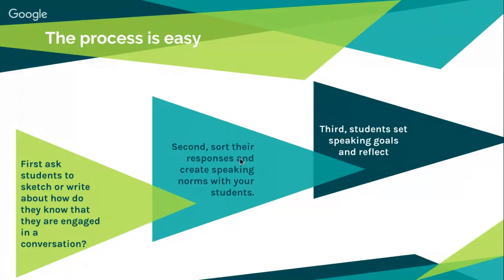Then you sort them with the students and use their language, not setting your goals, their norms. And then third, this is very important, have your students set speaking goals and reflect. Now, it took a while in the beginning, but trust me, once the students are in a routine, it is easy.